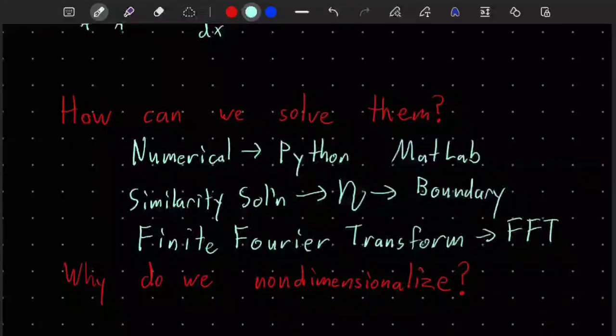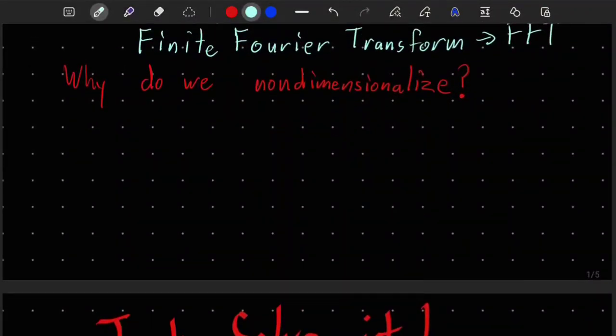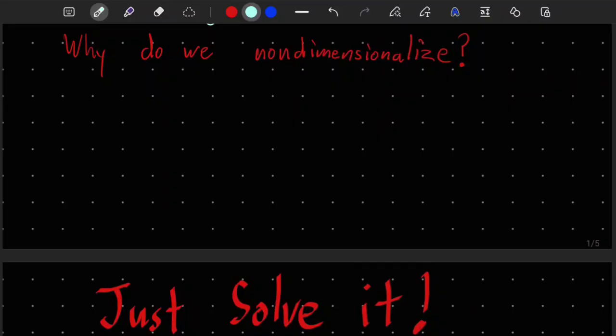So before we solve anything here, we have to non-dimensionalize the problem. And there's a few reasons we do this. Mainly, it makes the problem easier. Because if we non-dimensionalize something, it doesn't matter what the diffusion is, or what the time scale is, or what even the concentration is.